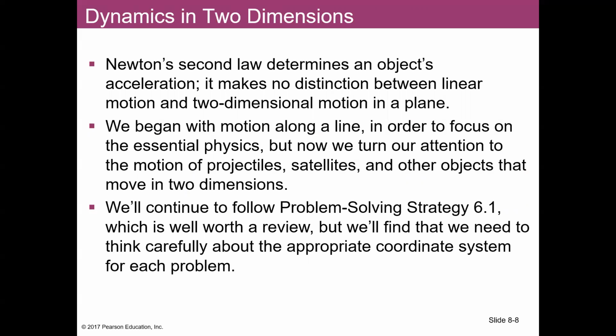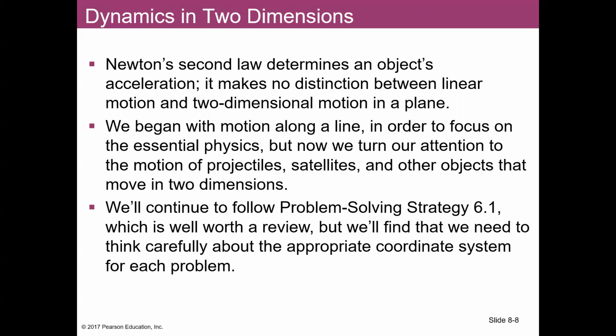And the net force and that acceleration, of course, are aligned in the same direction and proportional to each other by a constant proportionality that we call the mass of the object. Remember, this mass is an intrinsic property of an object. It doesn't change with speed or acceleration or location or time, unless it's a rocket burning fuel, but that's a different problem. So the mass stays constant, and Newton's second law is now a vector equation.